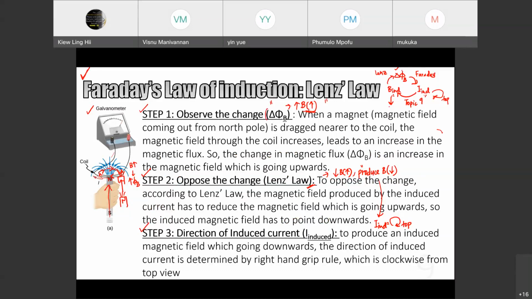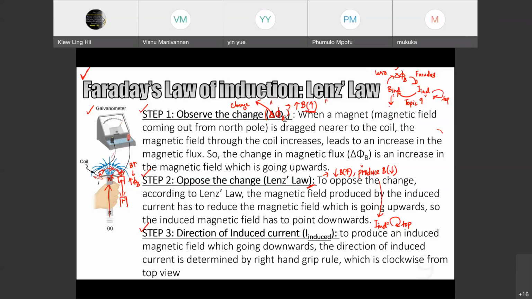Put in a symbol as delta phi B. This triangle means delta, means change. Observe what is the change in the magnetic flux. What is the direction? Increase or decrease?